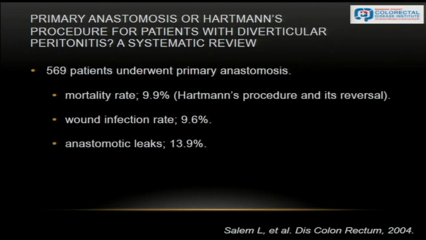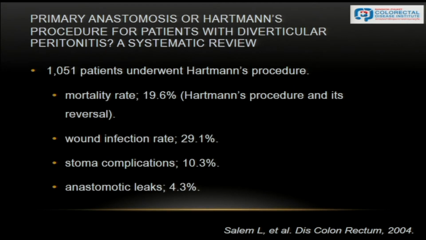And see this number, the primary anastomosis for open resection and primary anastomosis cases, 569. The mortality is half, 9.9%, and wound infection 9.6%, and anastomotic leakage was quite high back then, 13% as compared to 4.3% here.